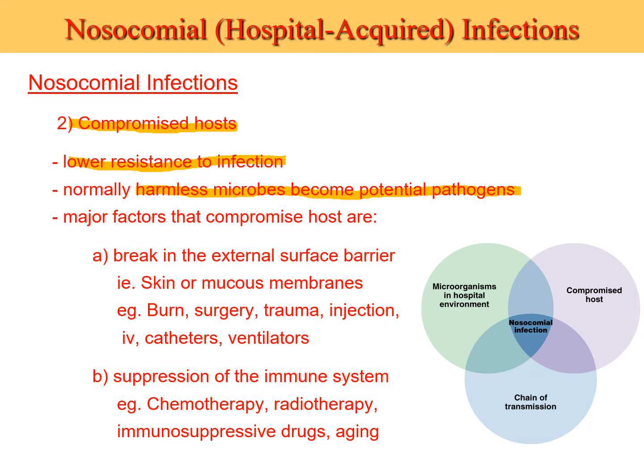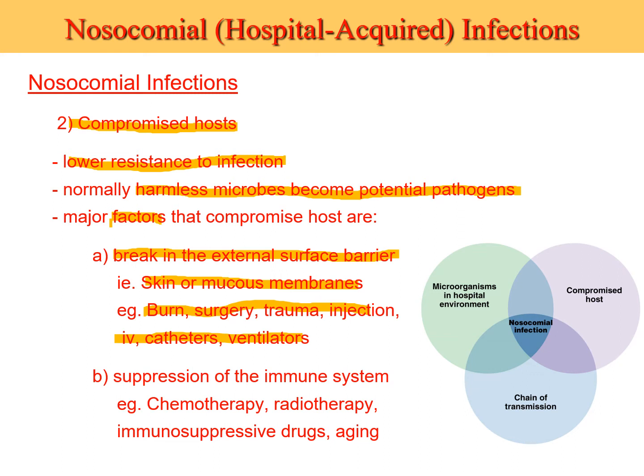The main factors that could compromise a host are a break in the external surface barrier, and many patients do have that. Their skin or mucous membranes are broken because of burns or surgery or trauma or injection or IVs, catheters, etc. All of these provide an entry point.